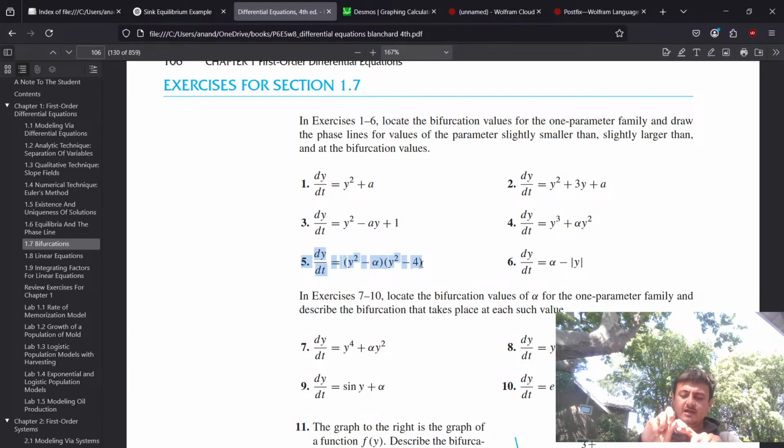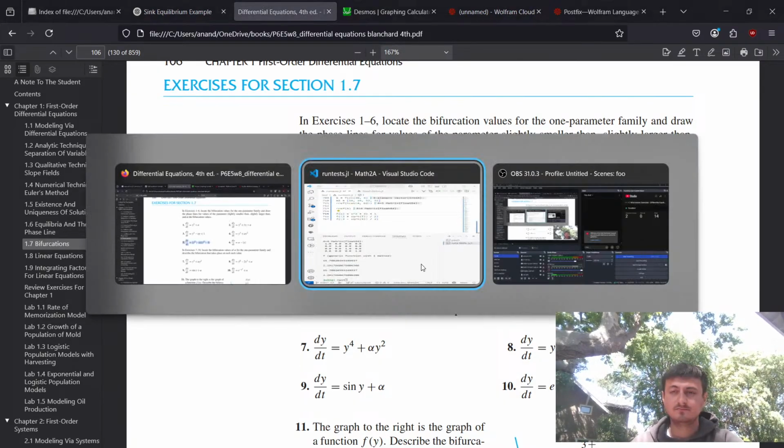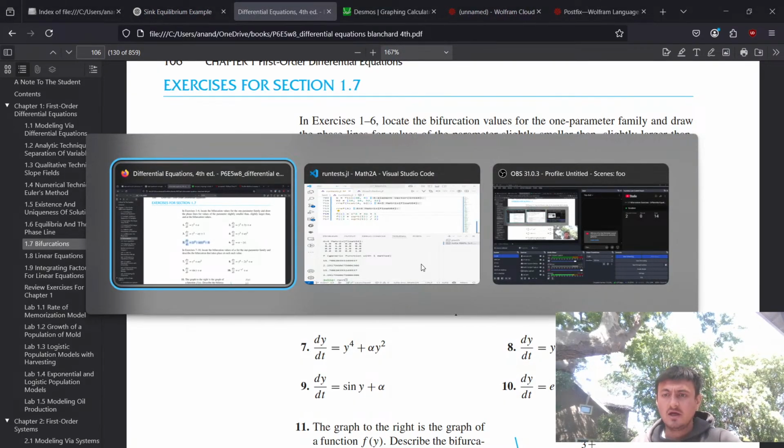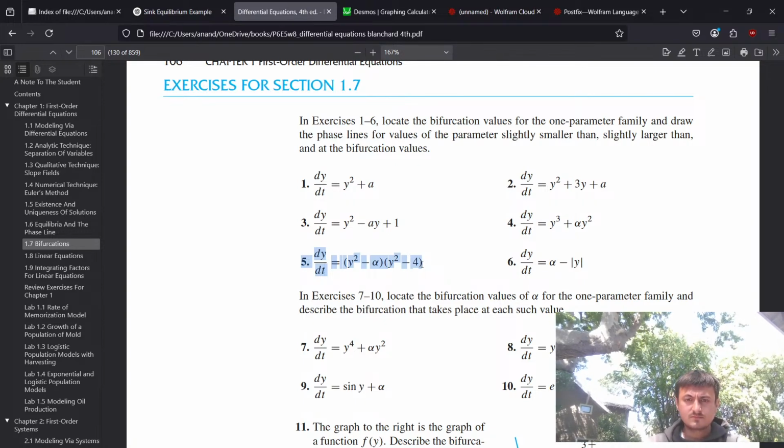So you're not going to have the branches collide. The branches collide, basically. So the bifurcation value is a equal to 0. But what we need to know is what this space looks like.